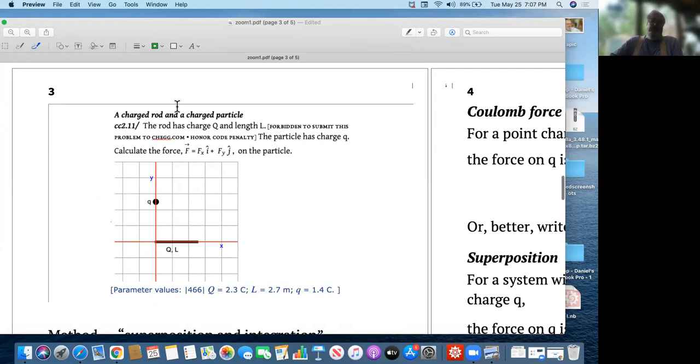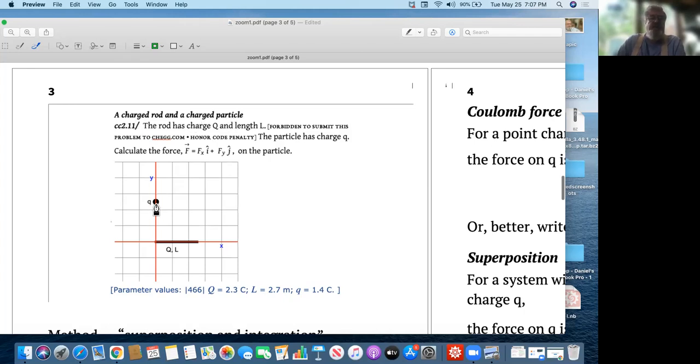And that's pretty limited. What if you have objects which are not particulate, which are not small spheres, but some kind of extended object with charge on it? So this problem is an example of that. A charged rod and a charged particle.